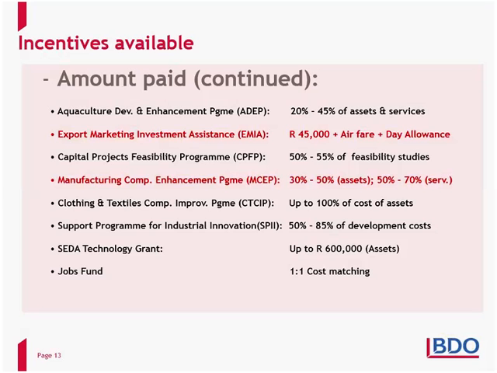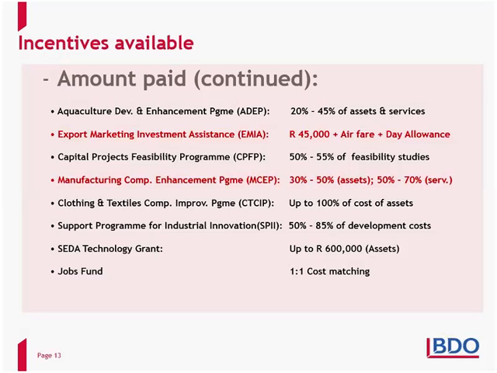The Capital Projects Feasibility Program will pay between 50% and 55% of the cost of the feasibility study. The Manufacturing Competitiveness Enhancement Program, the MCEP, currently the DTI's flagship incentive scheme, will pay between 30% and 50% of the cost of new assets acquired, and between 50 and 70% of qualifying service projects.